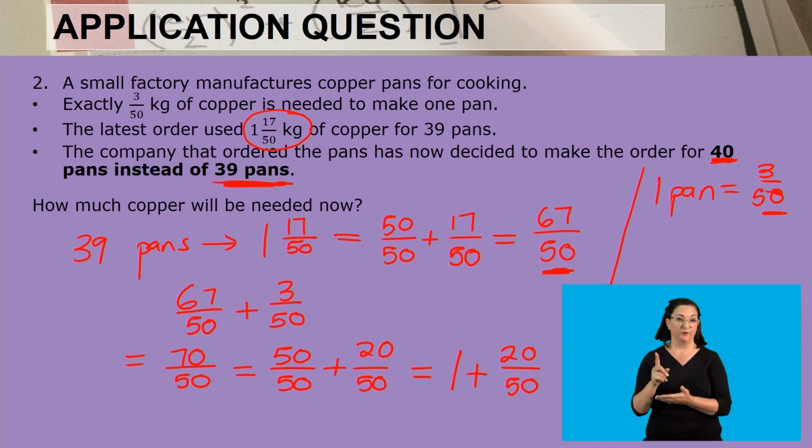And the highest common factor between 20 and 50 is actually 10. So that is going to give us a fraction of 2/5. And our final answer is going to be 1 whole and 2/5. So that is the amount of kilograms of copper that we will need for 40 pans.